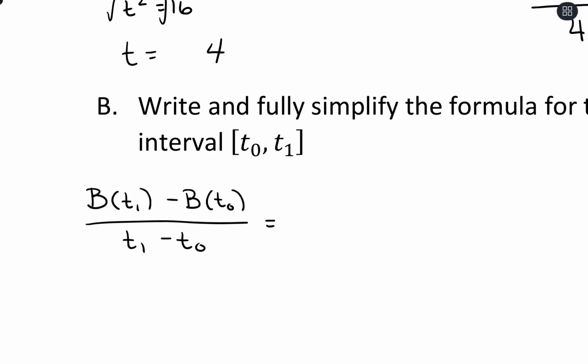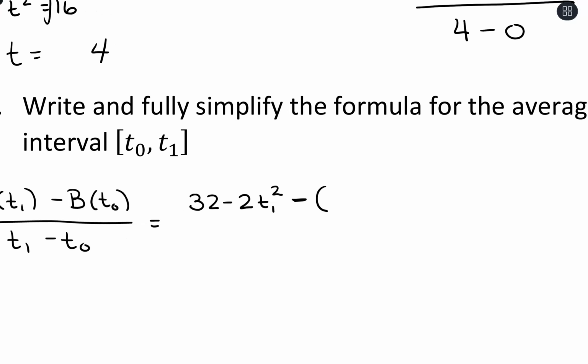And I'm going to substitute into our function for b. That was 32 minus 2 times t, but now we're inputting t1, and then that's squared. Then we're subtracting, and parentheses are super important here because that negative needs to distribute in. So 32 minus 2 times t0 squared, all over t1 minus t0.